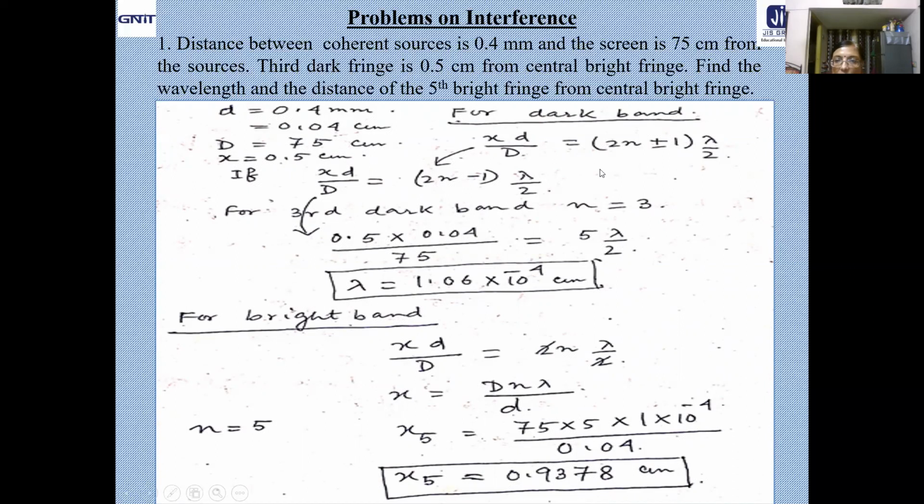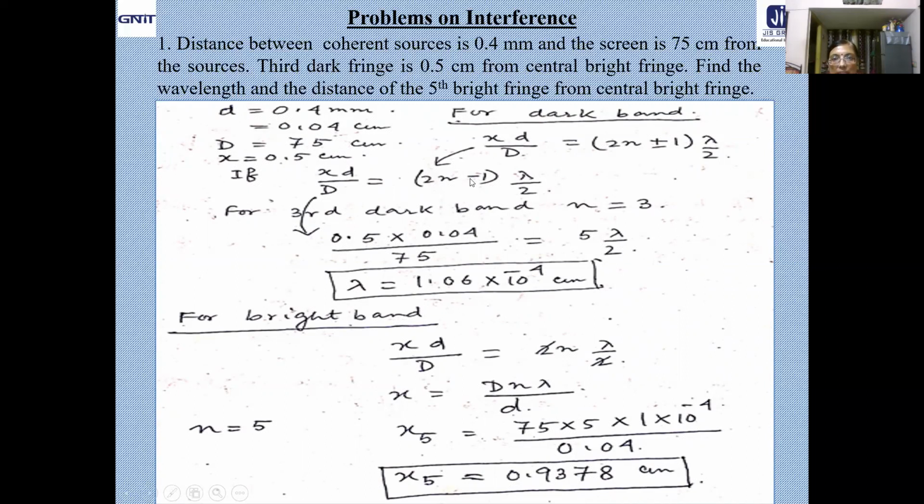So it is better to consider the 2n minus 1 formula, where you can put n equal to 3. Now, this x is given 0.5 centimeter, d is given 0.04 centimeter, the unit has been changed, then capital D is 75. Now 2n minus 1, so 2 into 3 minus 1 means 5 lambda by 2. From here, very easily you can obtain the wavelength, that will come out as 1.06 into 10 to the power minus 4 centimeter.